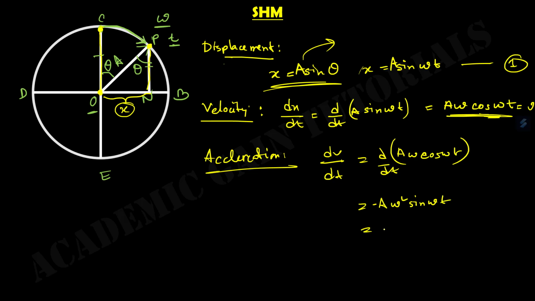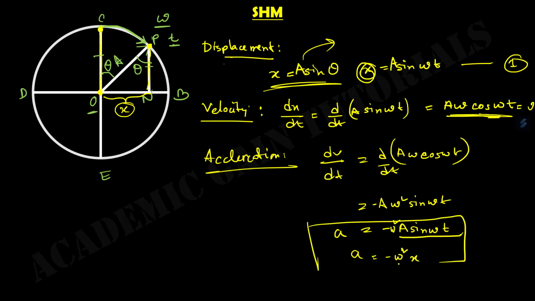So acceleration a equals minus omega square a sine omega t. What is this a sine omega t? It represents our displacement. Then I can write a equals minus omega square x. This is the term of our acceleration.